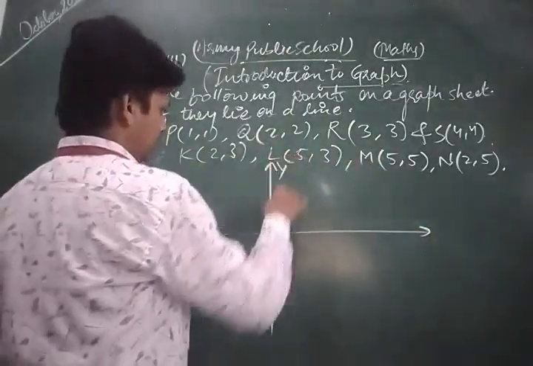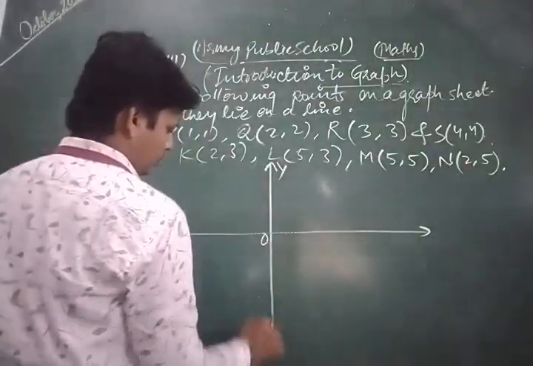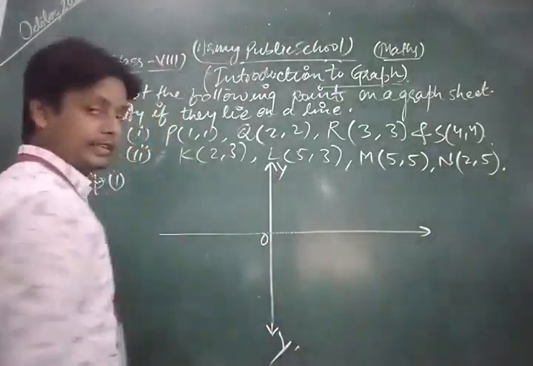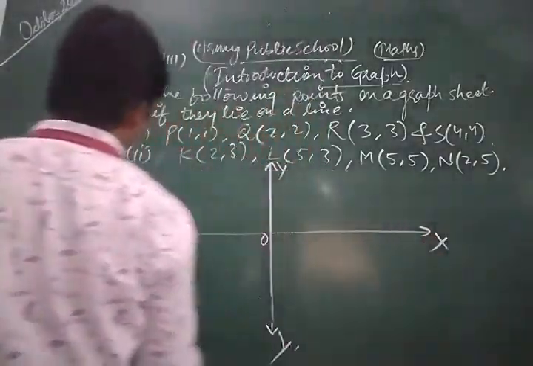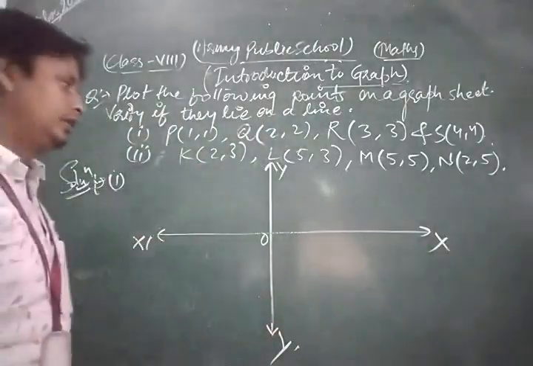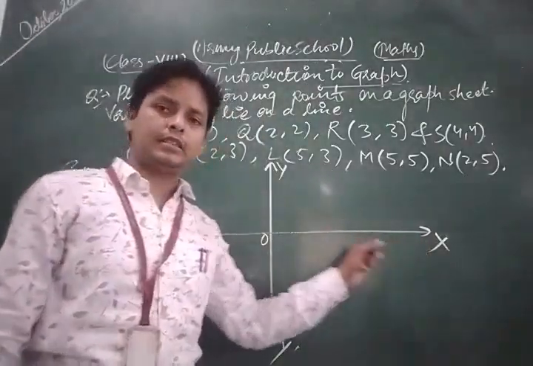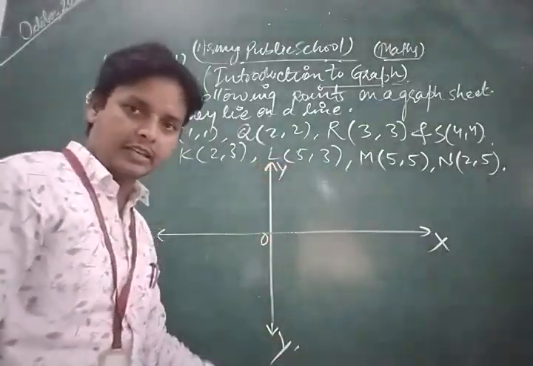So first we take the first part of this question. I have Y'OY, and this is X'OX. Dear friends, this is the positive direction of x, this is the negative of x, this is the positive of y, and this is the negative of y.